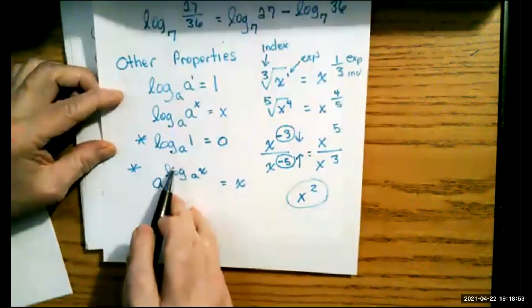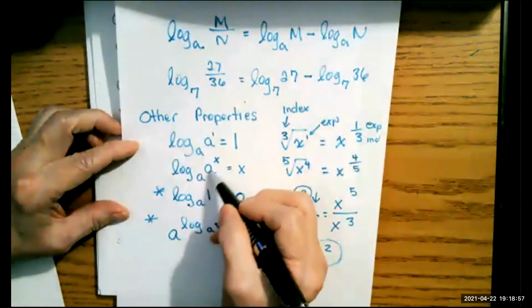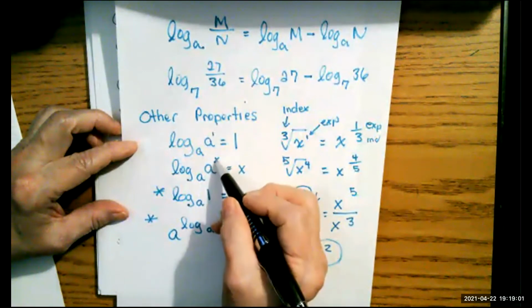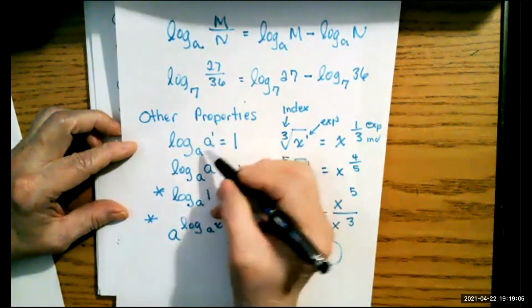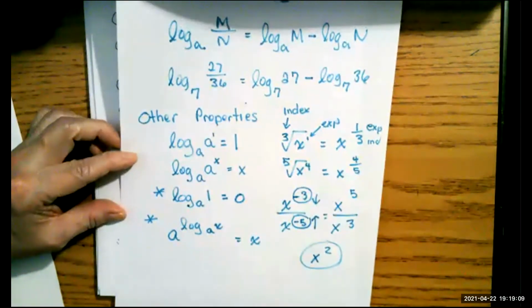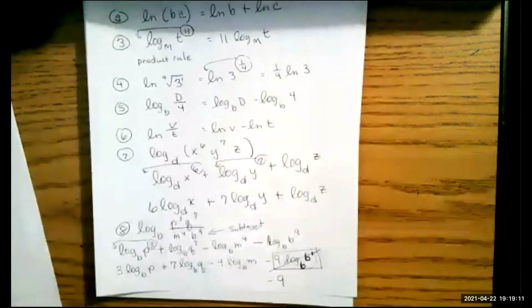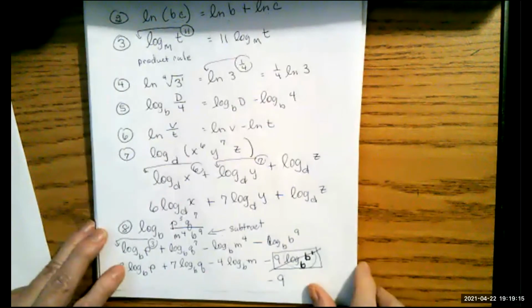It was back on our rules. When the base and the log number match, the answer is just what the exponent is. So if you have the two A's together, it's an understood 1 up here, so it's a 1. And then 1 times that 9 that's in the front is just 9 there.